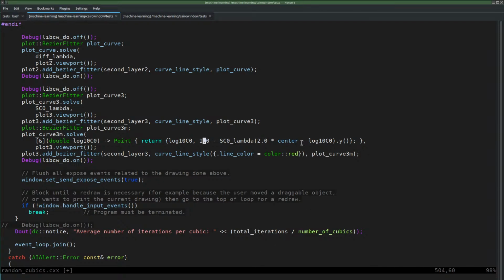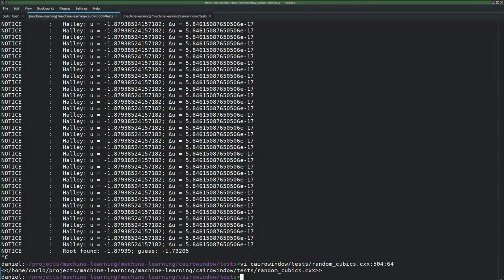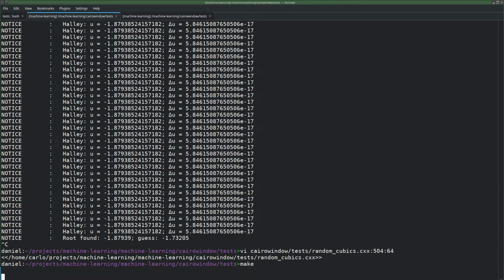So this now should be mirroring it in the vertical line, and this mirrors it in the horizontal line, and then we can see if it is symmetrical.